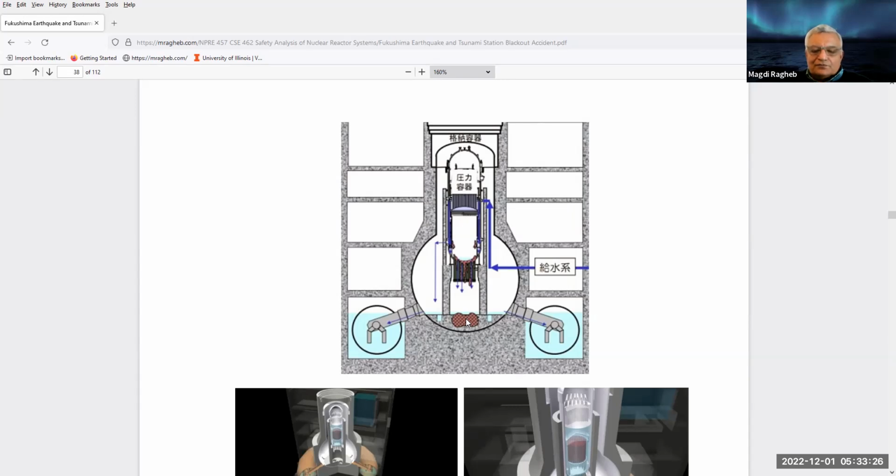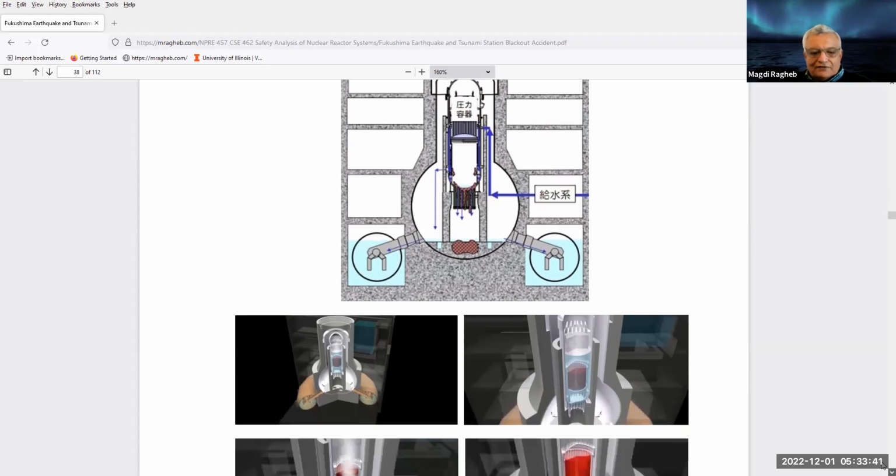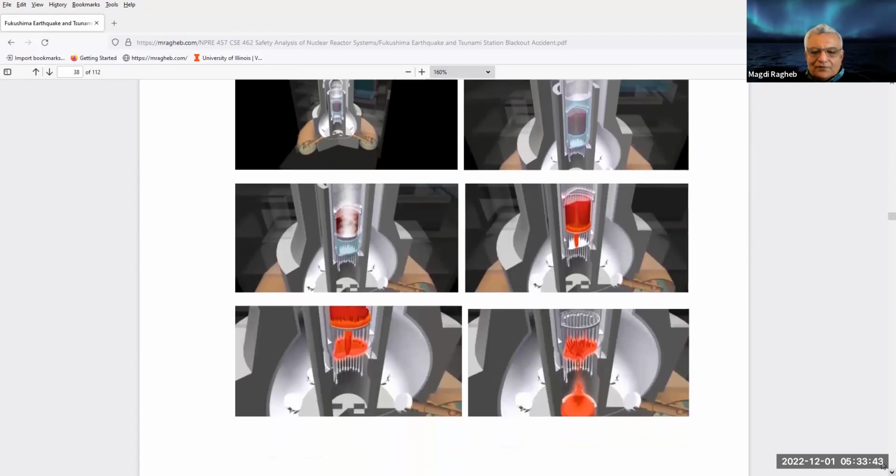The molten material would deposit itself here in the concrete. But if there was water there, then definitely a steam explosion would have happened, and the lids there on the top would have been thrown up to the sky. And that's exactly what happened here.